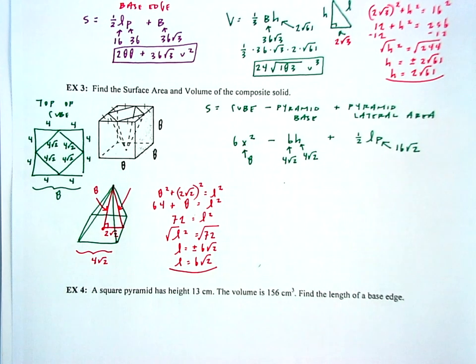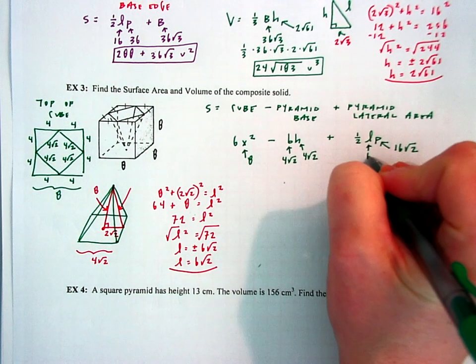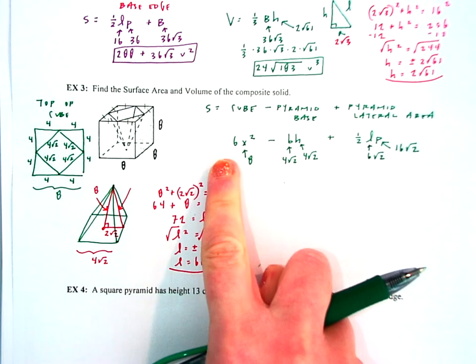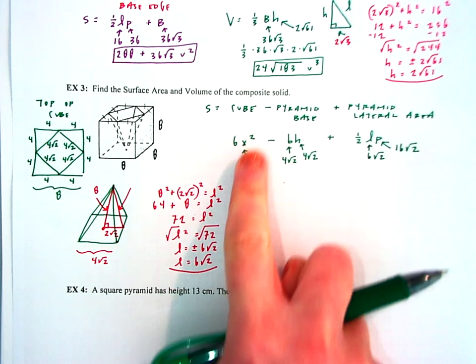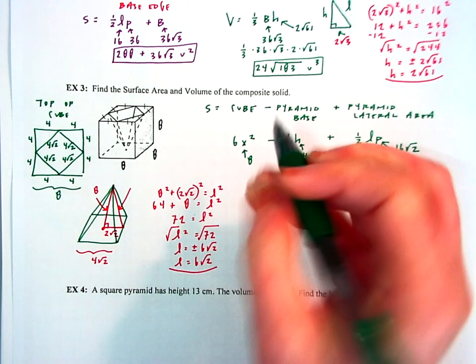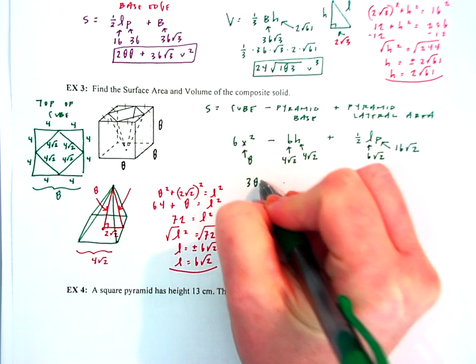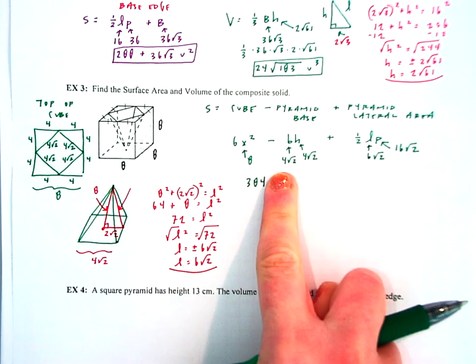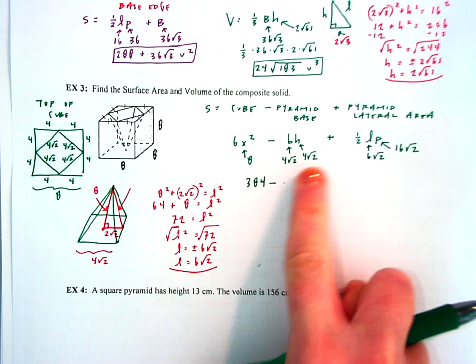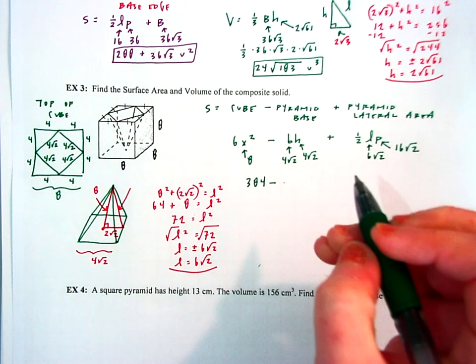Okay, so now I have everything that I need. My slant height here was 6√2. So if I have 6 times 8 squared, 6 times 64 gets me 384. 4√2 times 4√2 is 4 times 4 times 2, so 32.